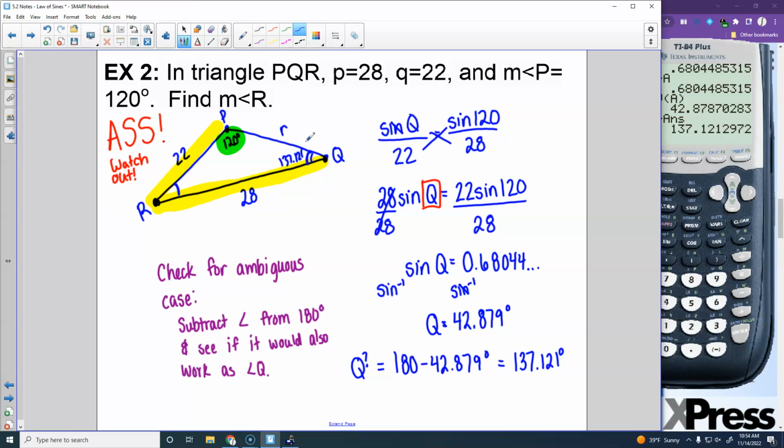No, why not? It adds up to be more than 180, right? It's too big. It cannot work. So this is a no. That does not work. So this is not ambiguous case.